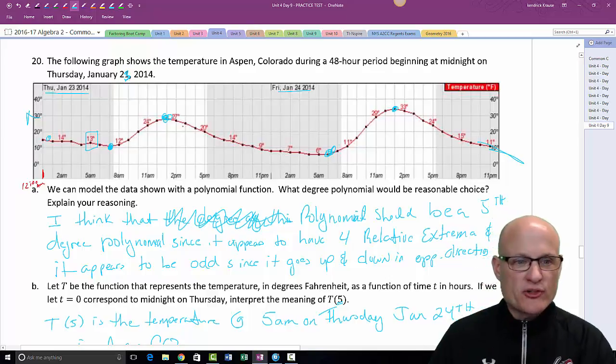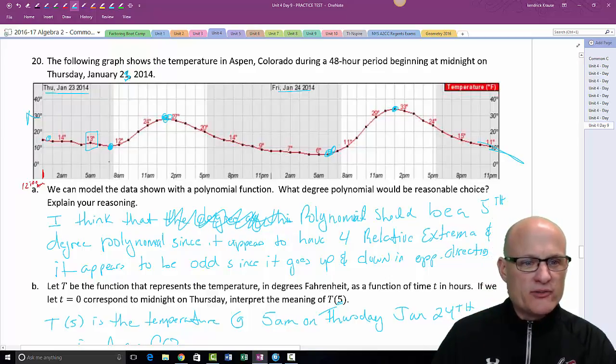you would have to just explain this, but my relative mins are, it looks like, at 7 a.m. on Thursday, we had a min, so the lowest temp in this interval. So like in the morning of the 23rd.